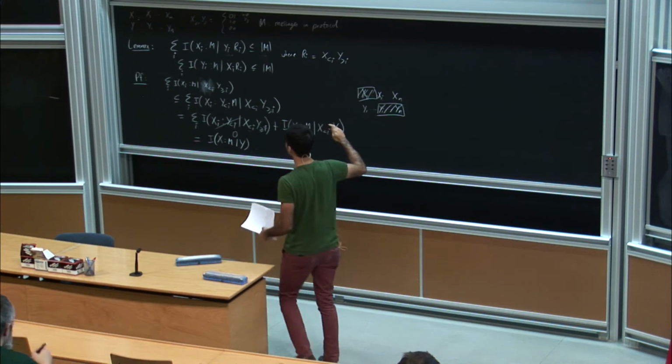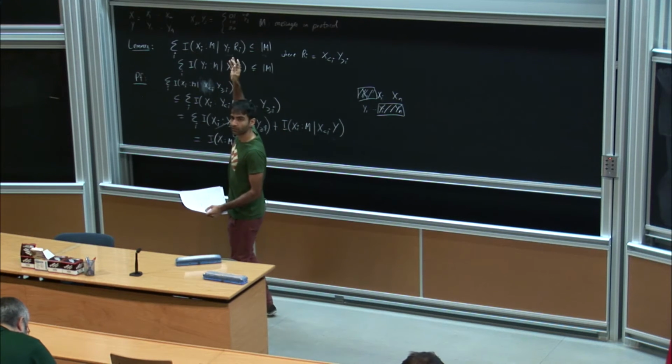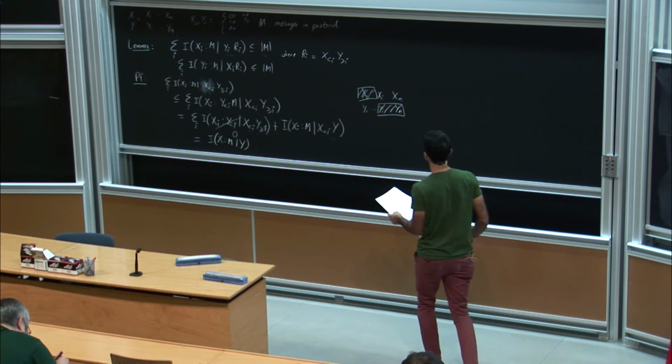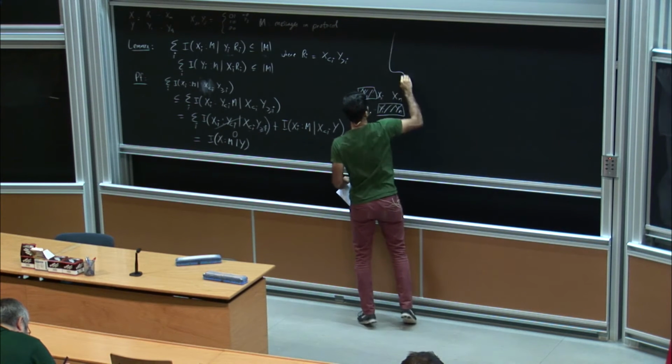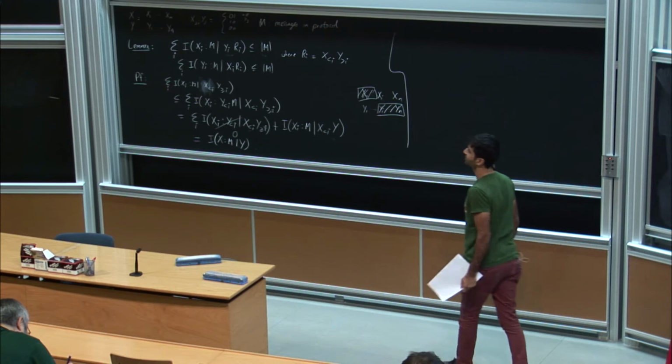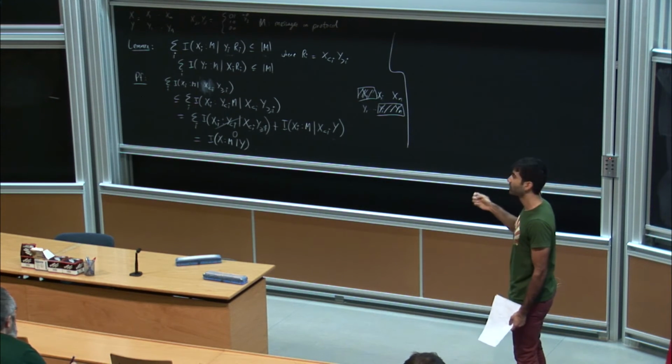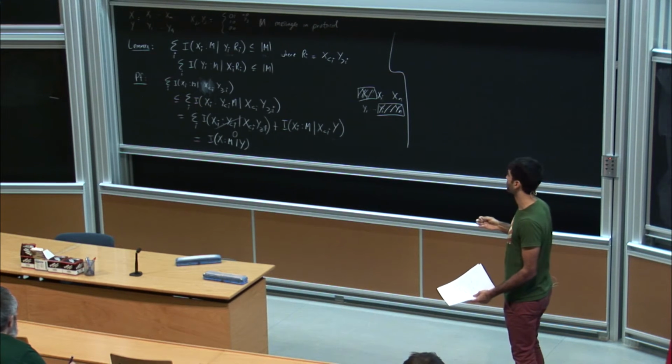Okay, so somehow I want to relate this to the original problem. Let's first apply Pinsker's inequality to say something about what this means about the distribution of the variables when you condition on m.